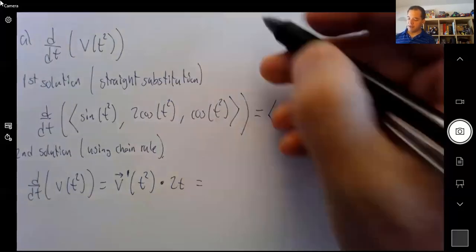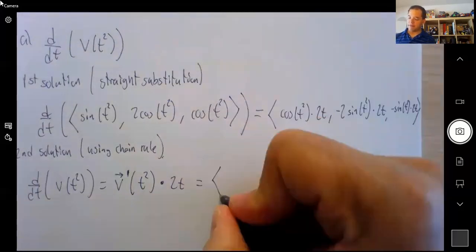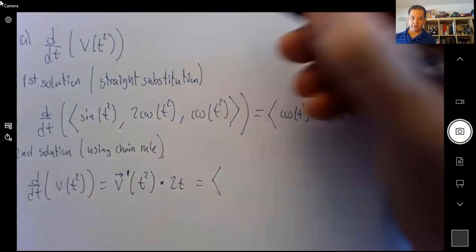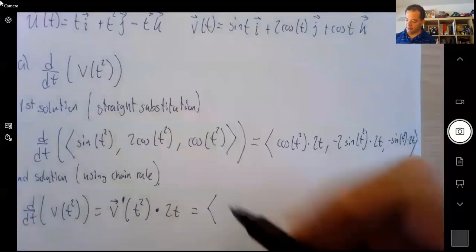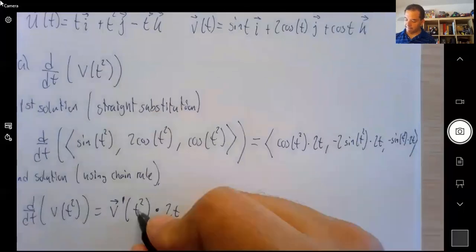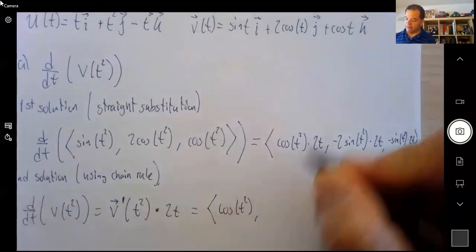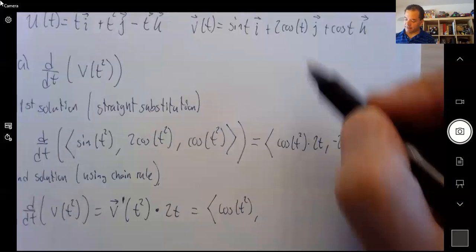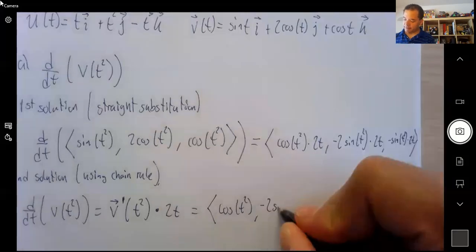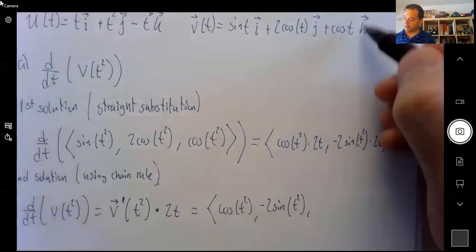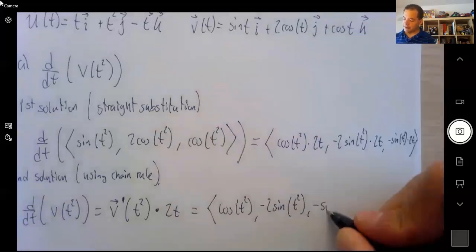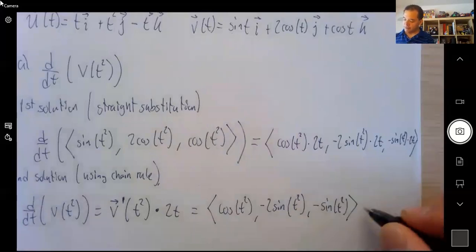Well, v prime is the derivative of sine. Now you can see it right here. The derivative of sine, that's cosine, but evaluated in t squared. The derivative of 2 cosine, that's negative 2 sine evaluated in t squared. And last is the derivative of cosine, that's negative sine evaluated in t squared. And all of that times 2t.